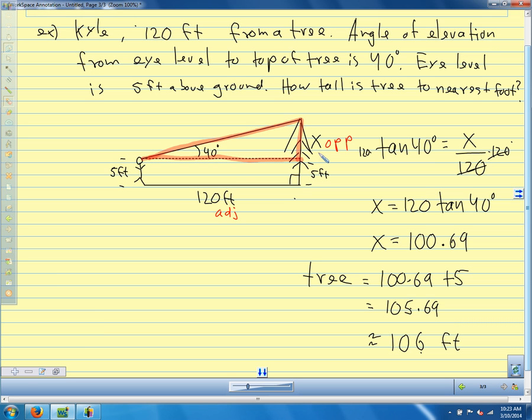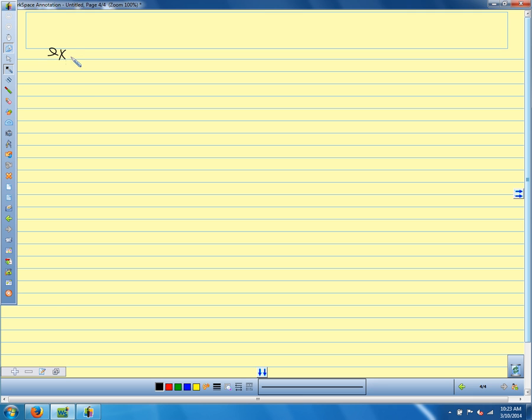All right, let's look at another example. This one we have to be a little more careful. It's not much different. So for this one, we have a lighthouse. And our lighthouse, the observation area, the place where you can look at a lighthouse, is 175 feet above ground.